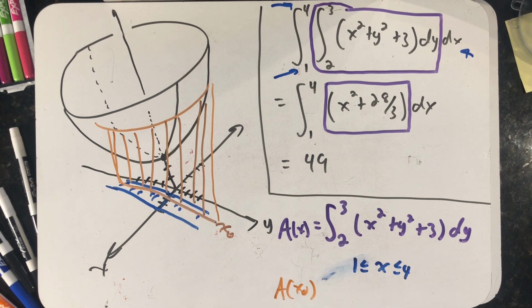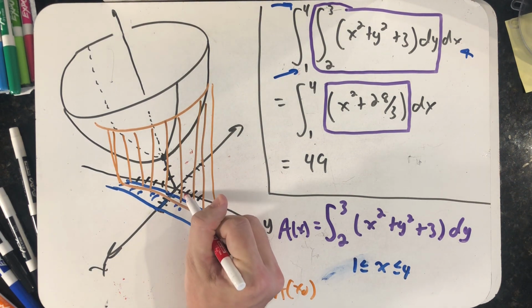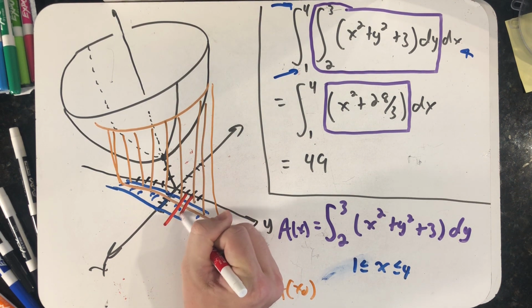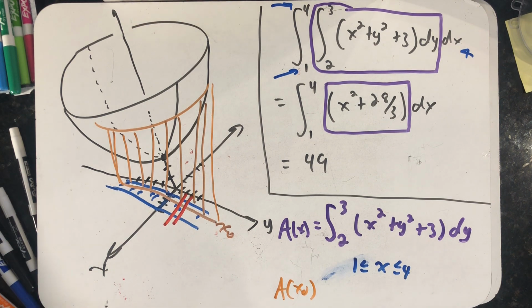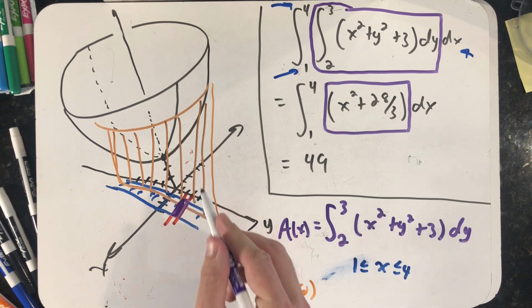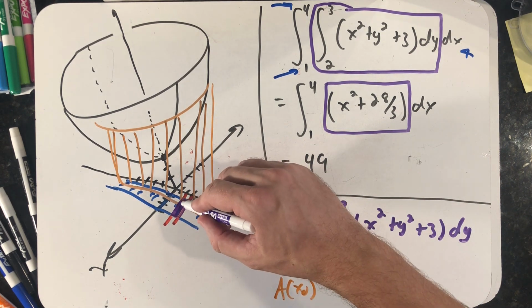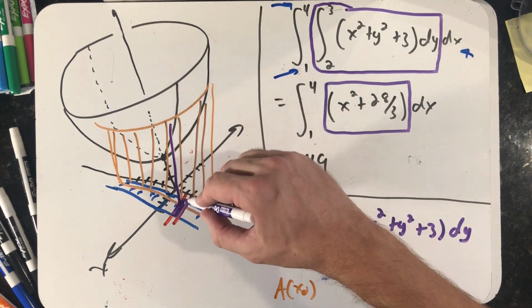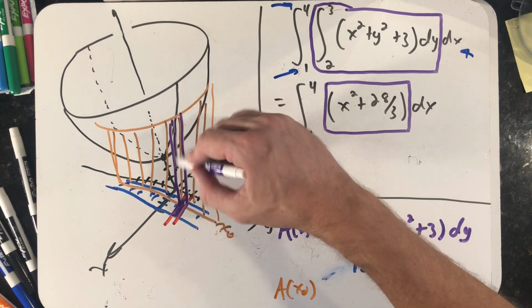I know y is supposed to be between 2 and 3. And so my y values between 2 and 3 just narrow us down to this little rectangular region in the xy plane. And so for that particular x naught, I would get this area, the area of this strip.